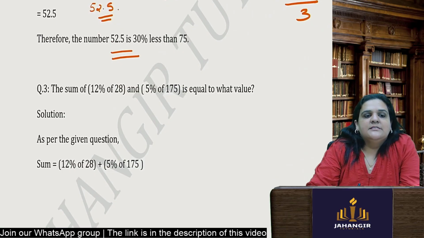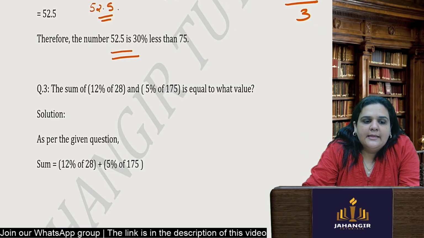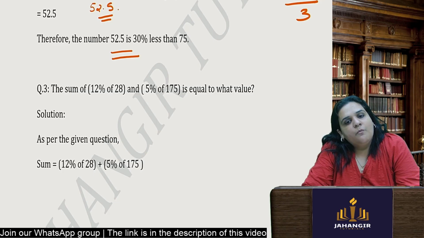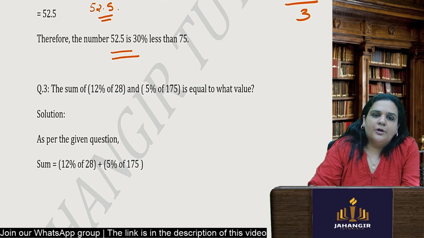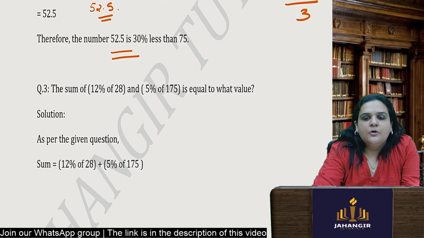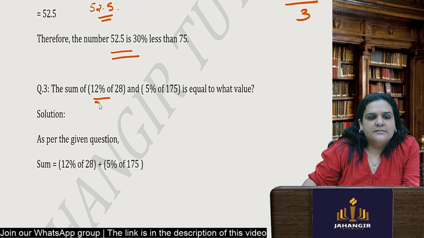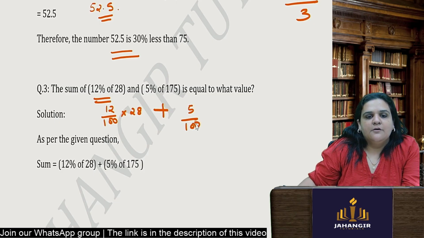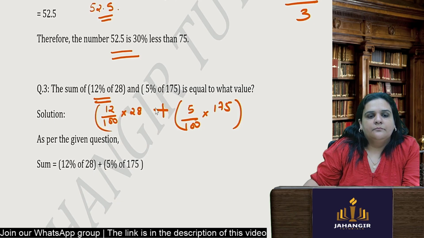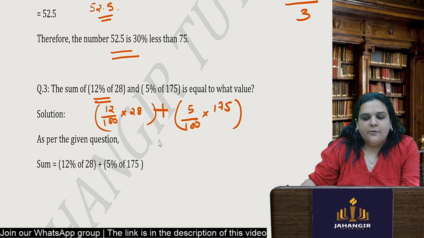Next question. The sum of 12% of 28 and 5% of 175 is equal to what value? So basically you will do 12% of 28. 12% means 12 upon 100 into 28, and sum means addition, and then you are going to do 5% of 175. So 12% of 28, you will get 3.36.